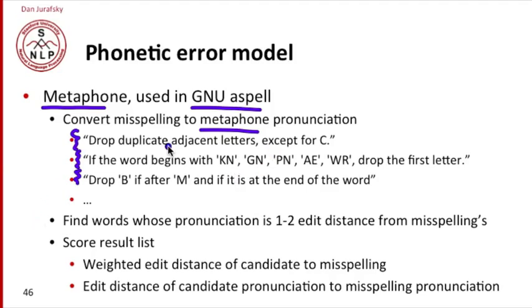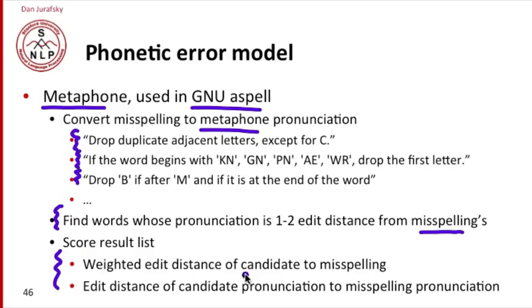And various rules like this convert the misspelling into a kind of representation of the pronunciation, with a single vowel at the beginning and then a set of consonants. And then we find words whose pronunciation is nearby the misspelling's pronunciation, so we've converted all other words into the Metaphone pronunciation, find similar words, and now we score the words by some combination of two edit distances.